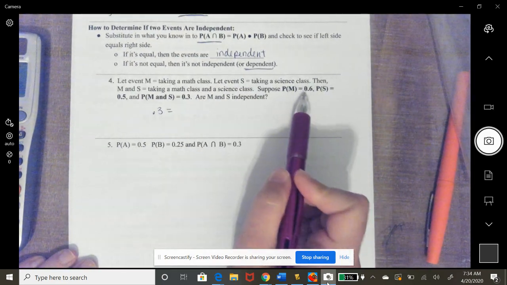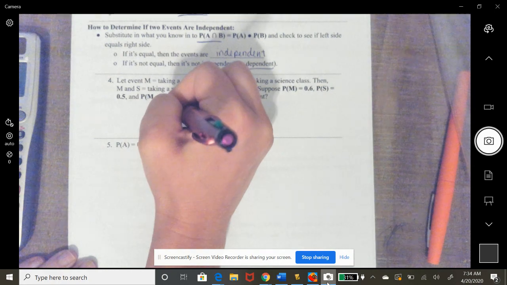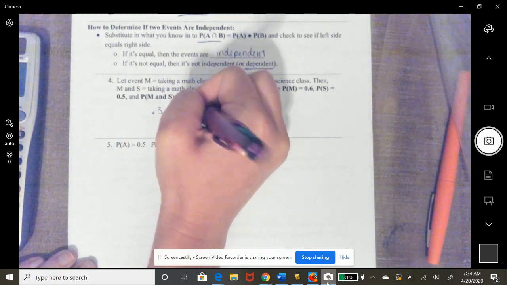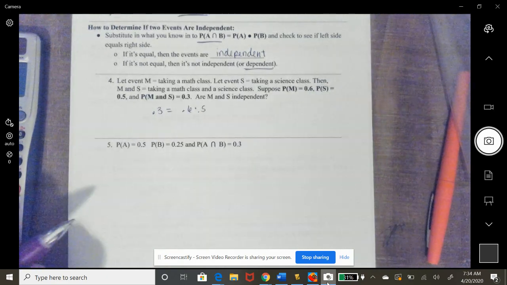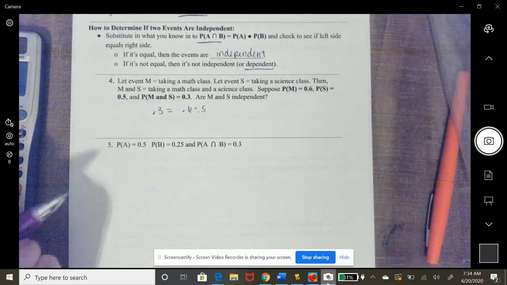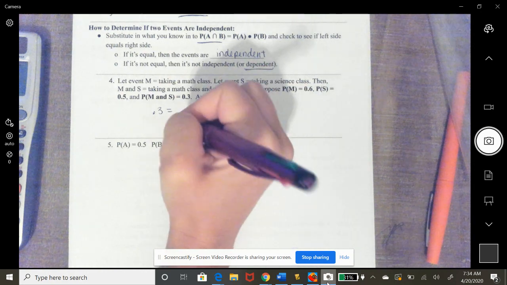If I multiply 0.6 times 0.5, am I going to get 0.3? And you should. Since those are equal, this does equal 0.3, then we would say yes, they are independent.